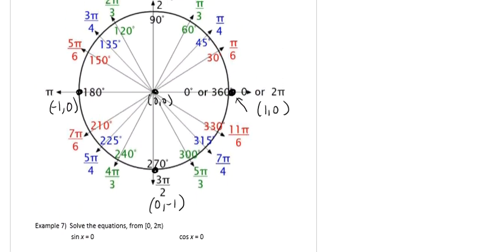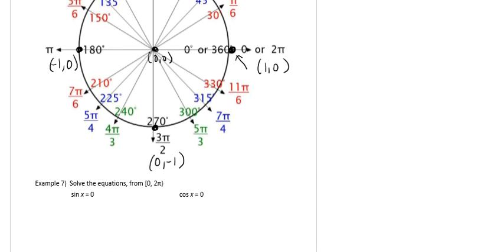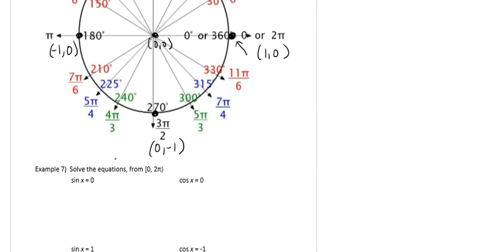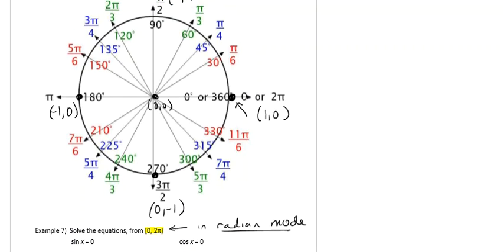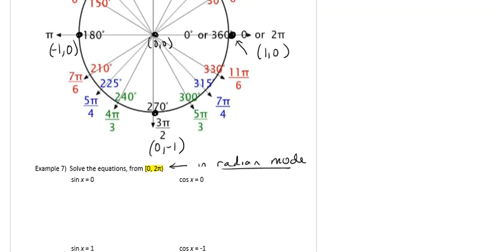I'm going to solve the first two, and then you're going to solve the others. The first thing I noticed when I read my question is that it says from 0 to 2 pi. That's telling me I want to be in radians, so my answers are going to be in radians, not degrees.